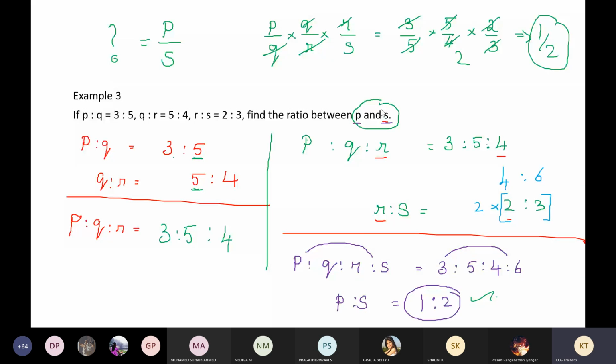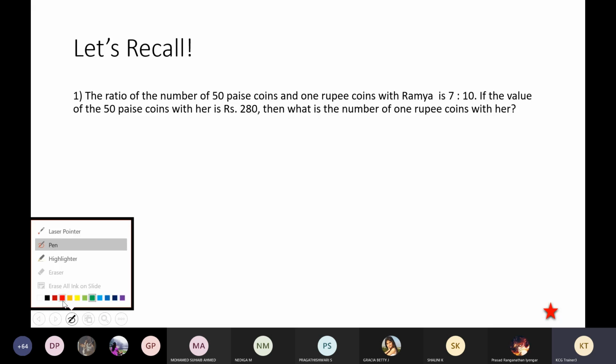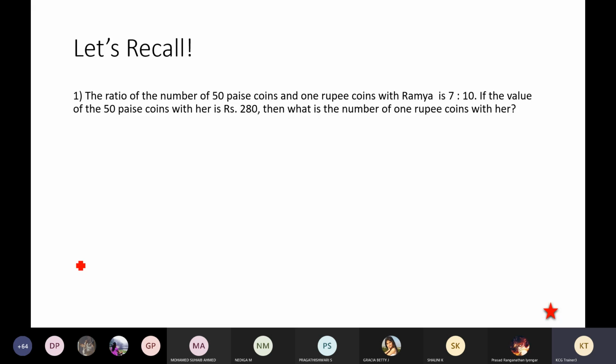Excellent and super. Now we'll move on to the next question. Now this is actually an easy question, but still I was able to see a lot of students making mistakes in the first two sessions. Let's see if there is anyone who's got the correct answer straight away.